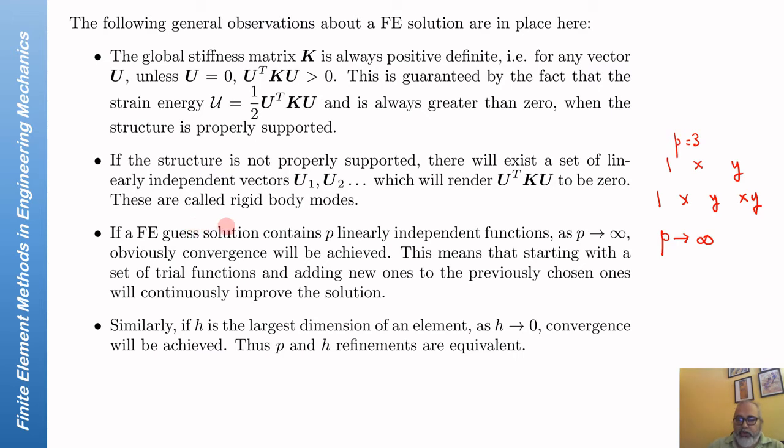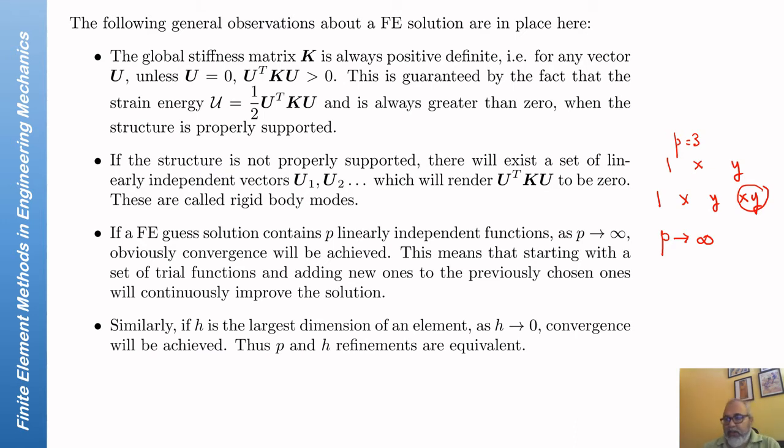So when you have a set of trial functions and you add one more to it, and you keep on adding more and more linearly independent trial functions, you will be moving towards an improved solution, which is closer and closer to the real one. And this is known as p convergence, which is achieved by adding more and more trial functions into the set of trial functions that you already have.